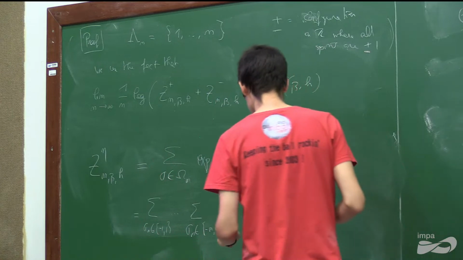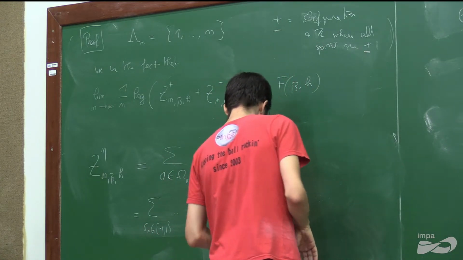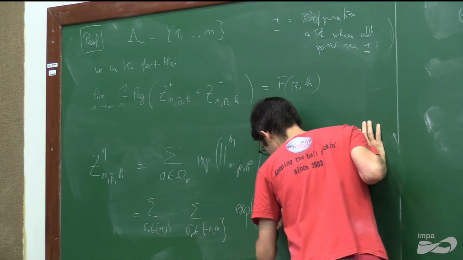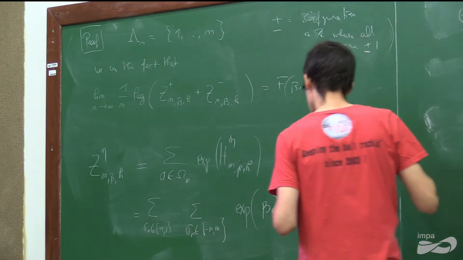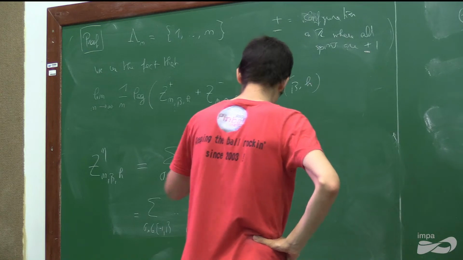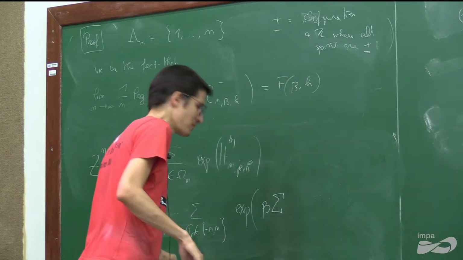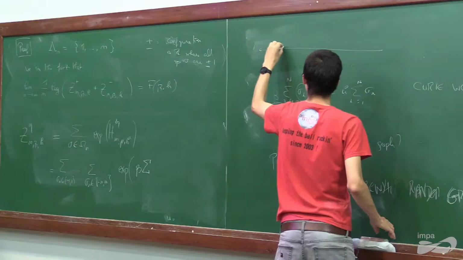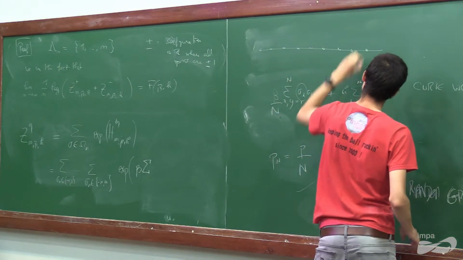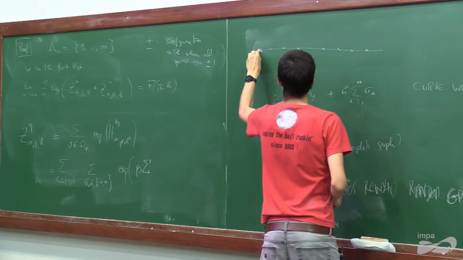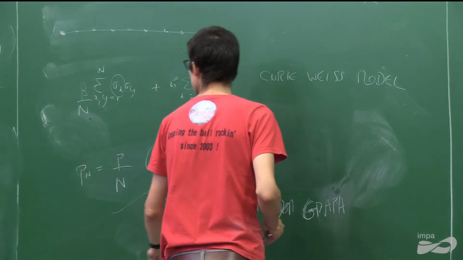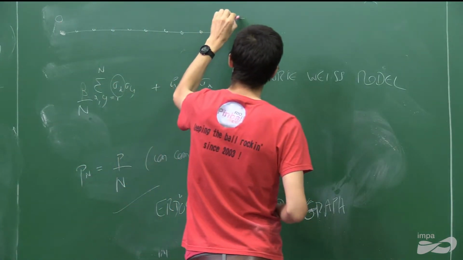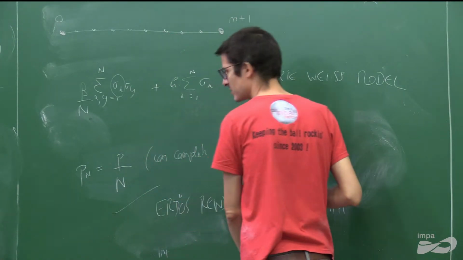And then I have an exponential, and here I have two terms. So I have β, and I have a sum. We have a segment with n vertices and two boundary vertices, so we have n plus 1 edges.